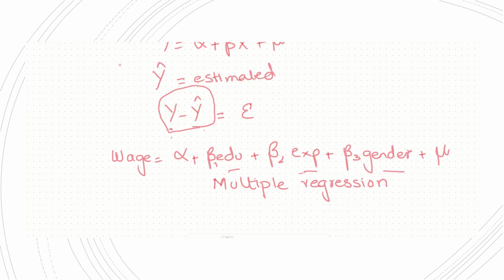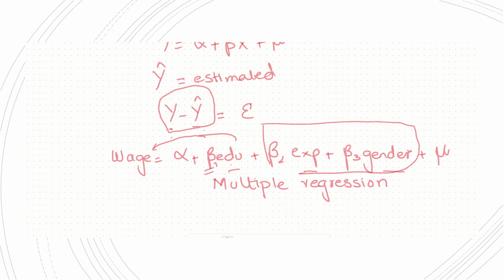Now here we want to see the effect. Beta 1 tells you the effect of education on wage. If you are taking the number of school years, then by increasing the years by 1 year, what is the change in your wage, that beta 1 is telling you, while holding the other two variables constant.